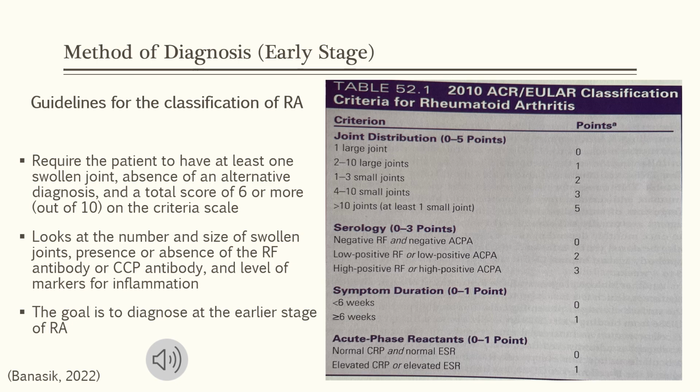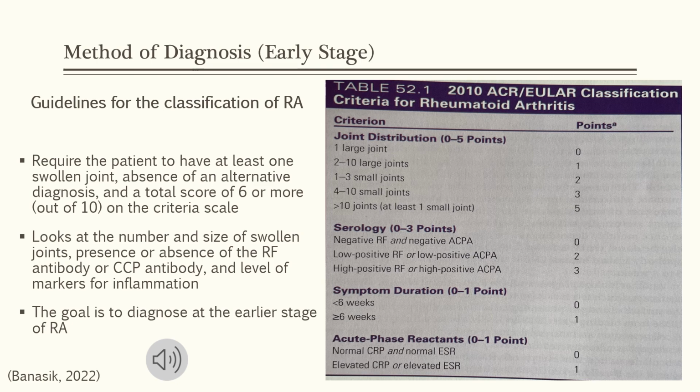So how is it diagnosed? The patients are required to have at least one swollen joint and the absence of alternative diagnoses. And there's a classification system that is used to rate the criteria, and you have to meet a threshold of 6 out of 10 or more.